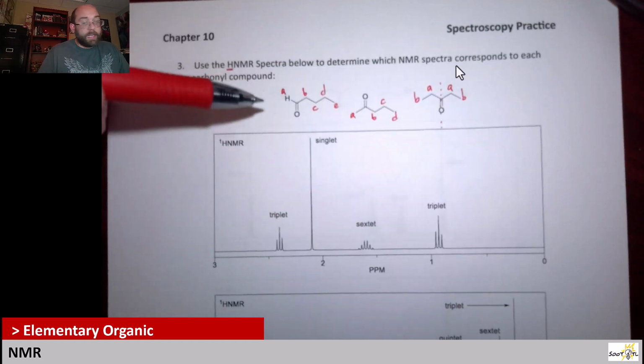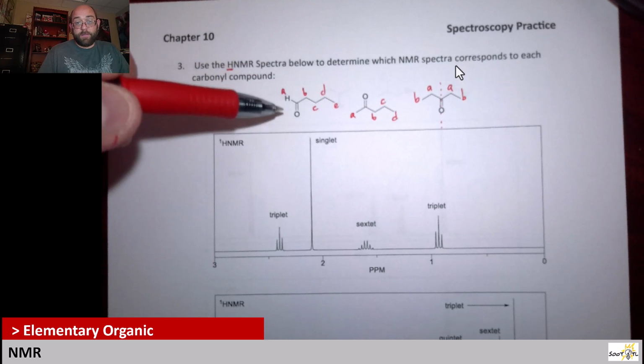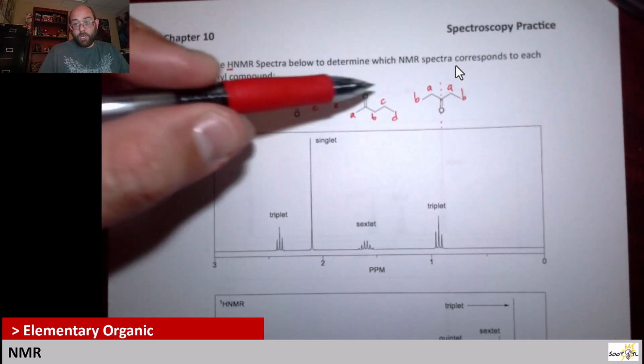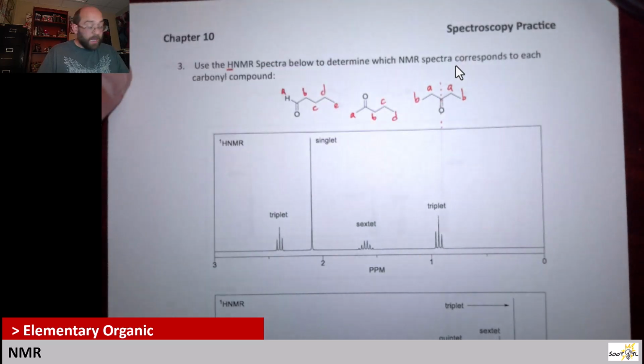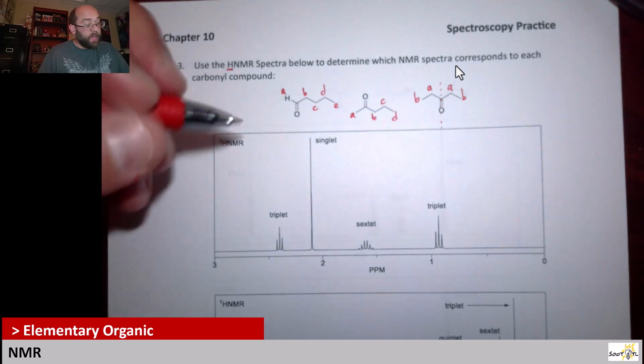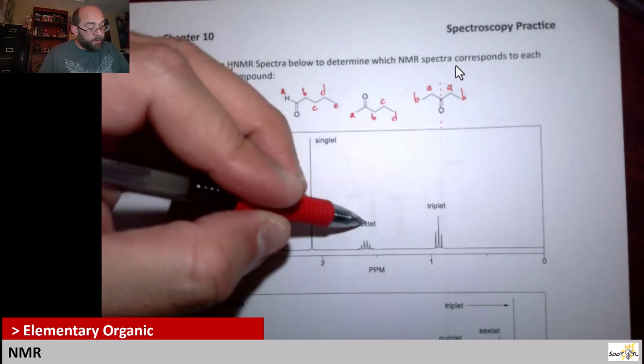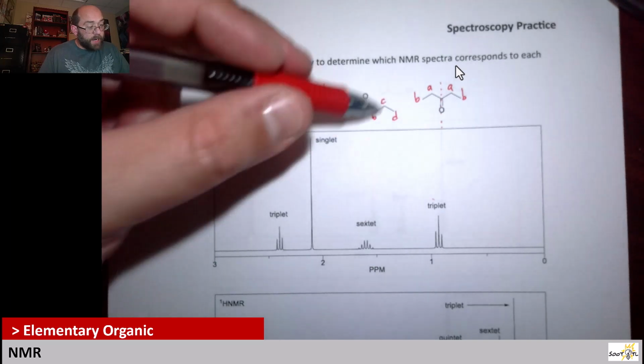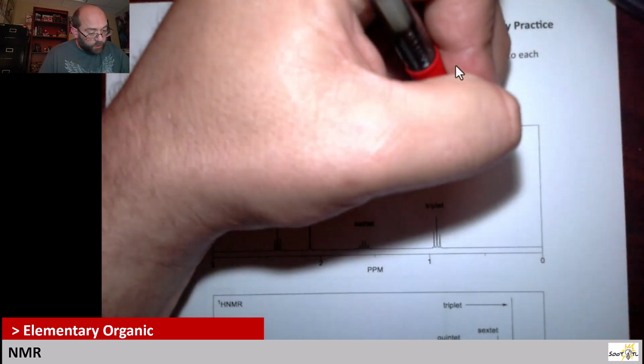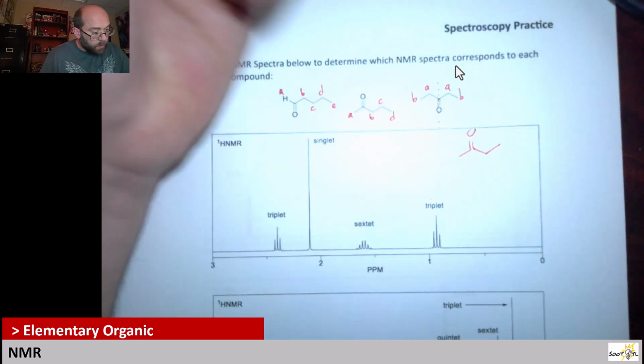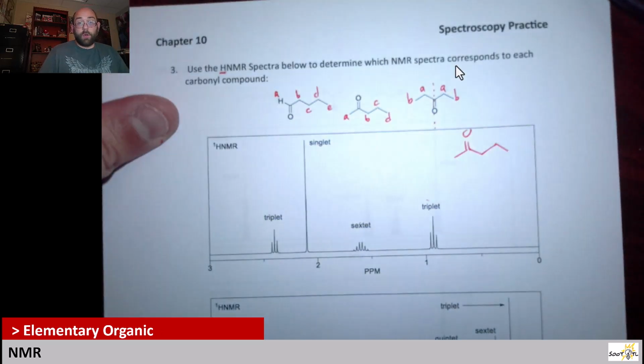Just looking at 5 signals, 4 signals, 2 signals, I can look at each of these 3 spectra and say, hey, that's got 1, 2, 3, 4 signals, so this right here has to be this structure, because it has 4 signals.